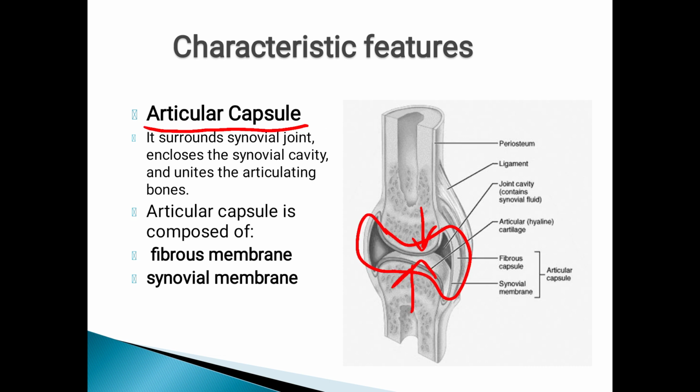It consists of a fibrous capsule or fibrous membrane and a synovial membrane. Inside this articular capsule we have synovial fluid.